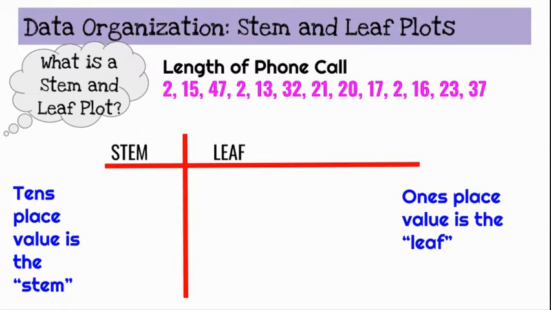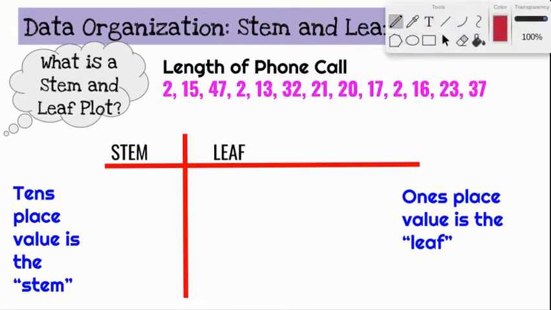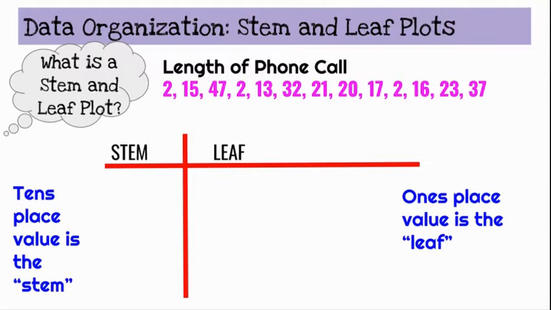To help me do that, as I get to them, I'm going to cross through what numbers I've already used. So I am going to start. My very first number here is a 2. Well, if I think about what the tens place value is in a 2, that number is going to be a 0. And that's okay if your stem is just 0. There are 0 tens. Now I'm looking just for the single digit numbers.